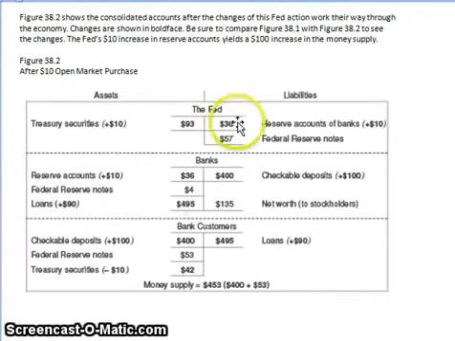And so, based on this $10 of Treasury securities that the Fed has purchased, it's enabled the banks to increase their reserve accounts here by 10, and it's meant that the banks then can increase their amount of loanable capital by $90 in this particular case. So this number here had been 405, and it's now increased to 495.